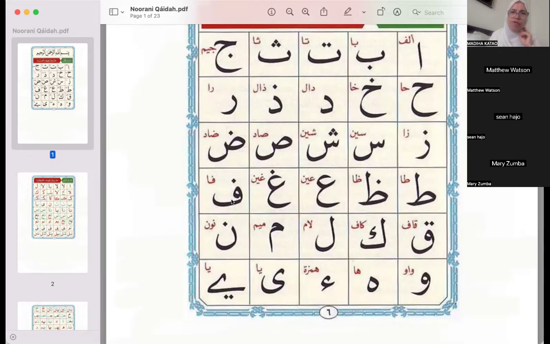F. And the last one is Qaf. But how to sound it? Aq. Uck, yes. And then Kaf. Ak. Very good. Jazakallah khair. Very good.